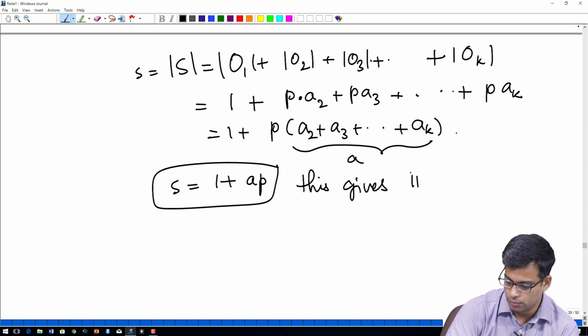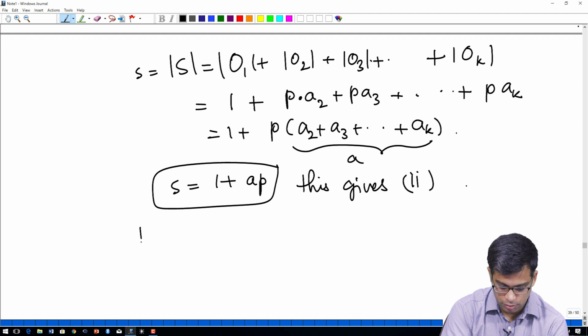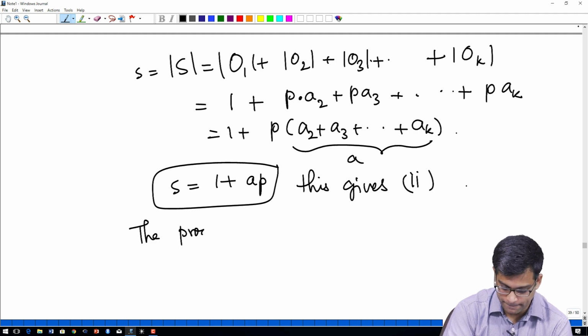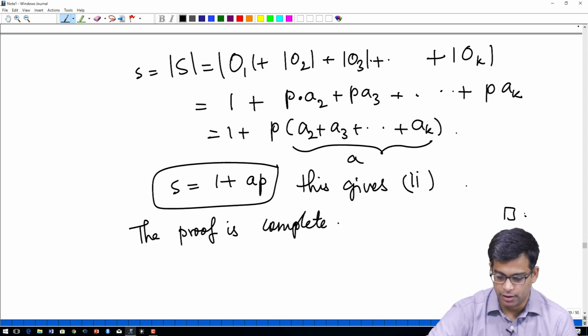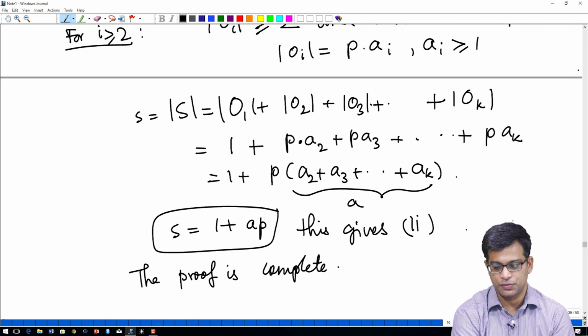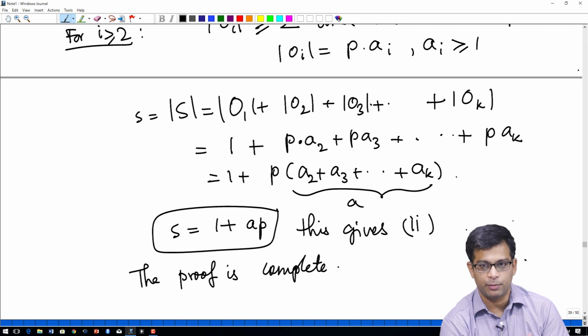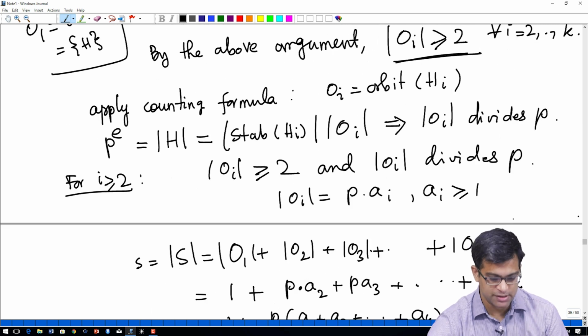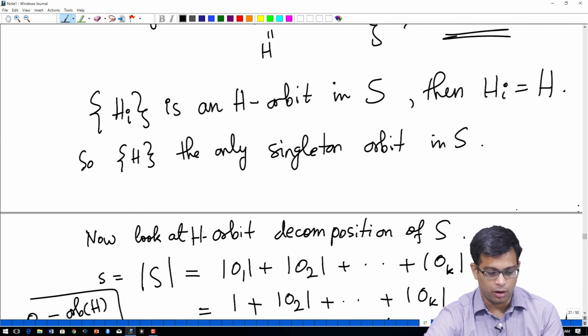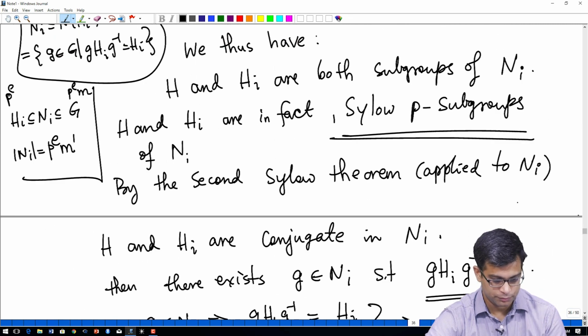So the proof is complete. We have shown that the number of Sylow p-subgroups, when you divide by p, leaves a remainder of 1. So let us quickly recap this. The argument was, we fix a Sylow p-subgroup.